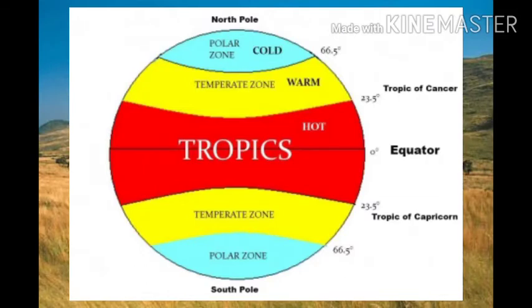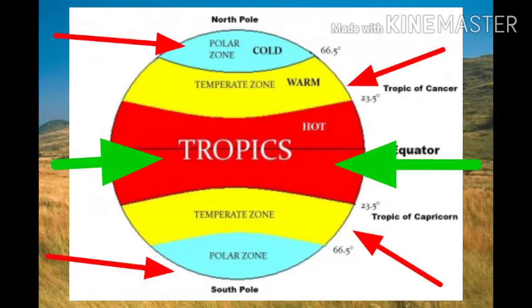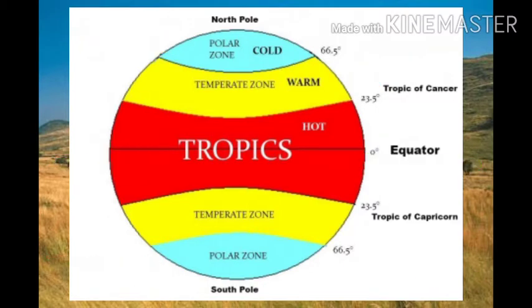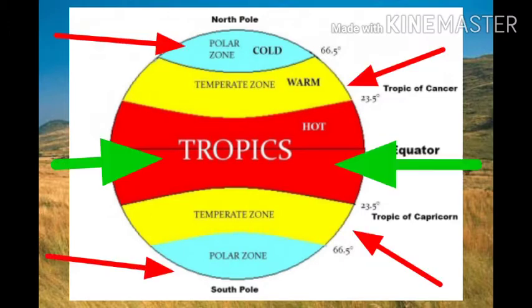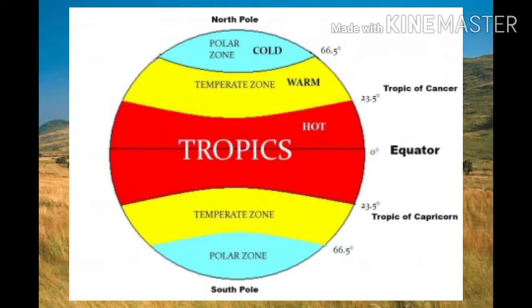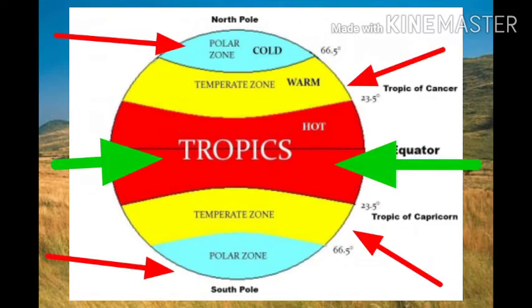So students, as you can see in this picture, the earth is divided into several zones. If you see the red color, from 0 degree to 23.5 degree, that is the equator, Tropic of Cancer and the Tropic of Capricorn, which has been shown by the red color. Students, these areas are known as the tropical areas.